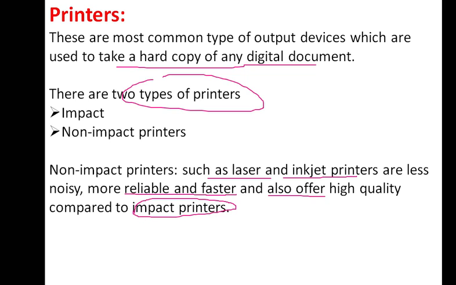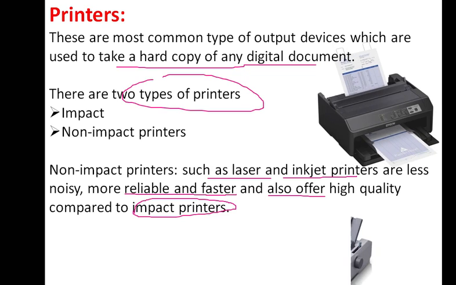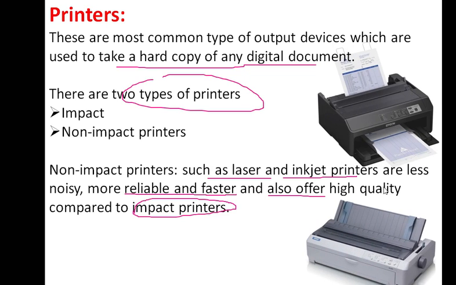So this is what impact printers are, and this we can call non-impact printers. Impact printers, we can give the example of a dot matrix printer. Okay, so compared to impact, non-impact printers are faster. So this is another printing device.